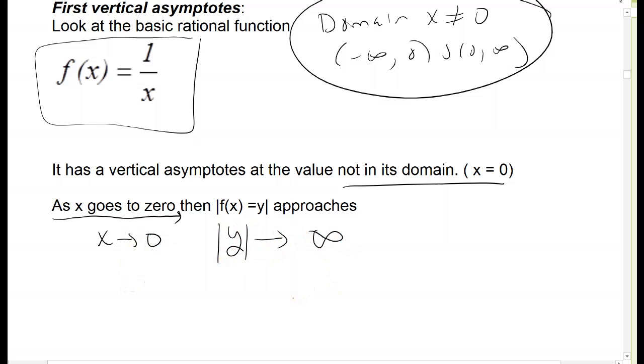They can approach either positive or negative infinity depending on which side I'm on. Sometimes they both go in the same direction, sometimes one side goes to positive infinity and one side goes to negative infinity. But either way, whenever there's a break like this, the asymptotic behavior approaches positive or negative infinity to the left and the right.